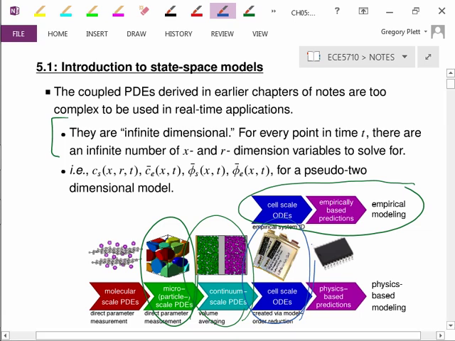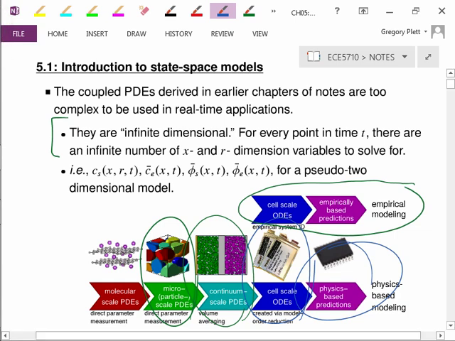They will retain all of the physics variables such that we'll still be able to simulate electrolyte and solid concentration and electrolyte and solid potentials and the Butler-Volmer flux at any point in the cell that we wish, as well as cell voltage. And we will be able to do this with a low order ordinary differential equation or set of differential equations.